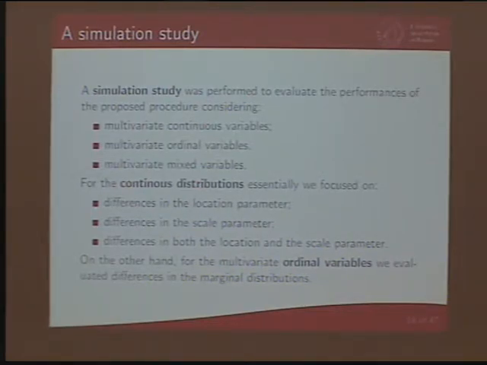For our simulation study, that I would like to present only a few of the simulations, we considered different cases, like all continuous variables, ordinal variables, mixed variables, and differences in location parameter, scale parameter, or also differences in both location and scale parameters.